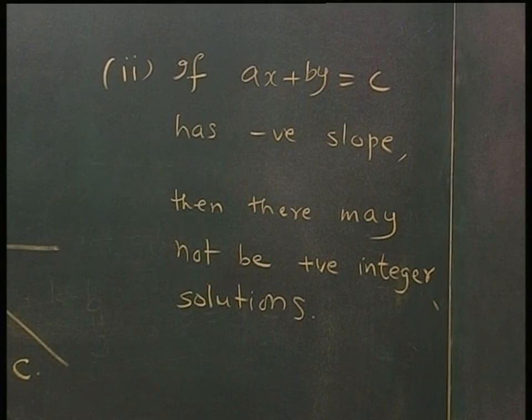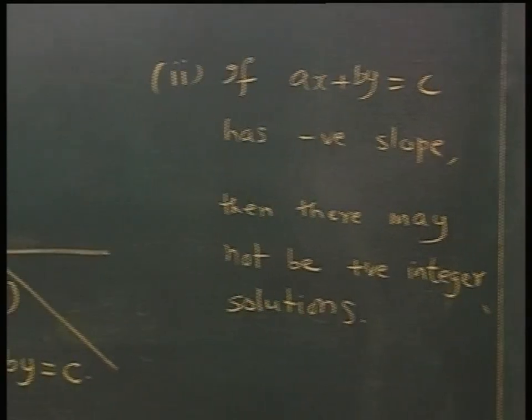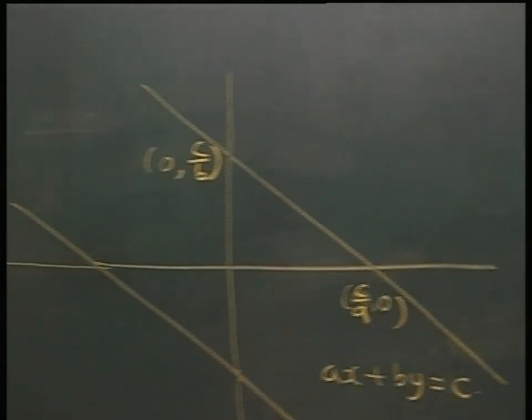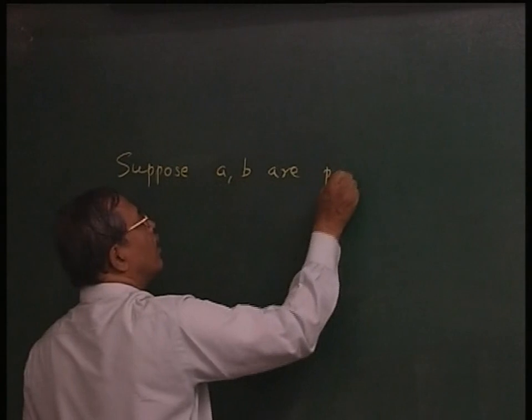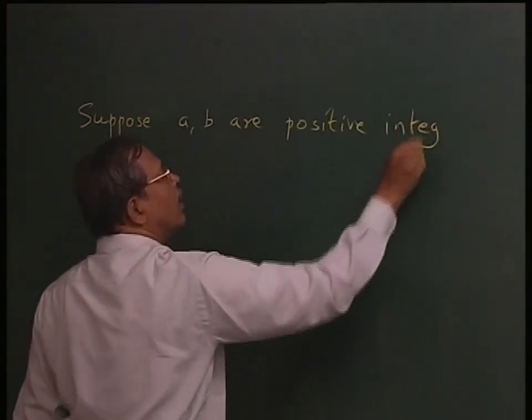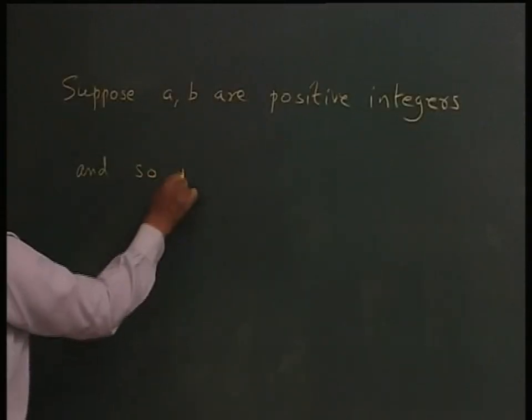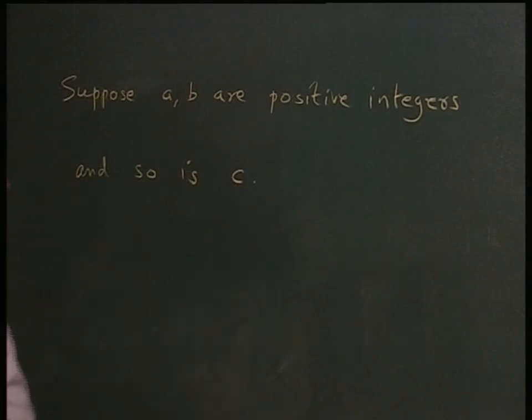So suppose that a and b are positive integers and c is also positive.